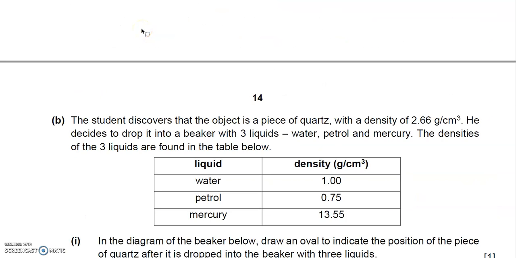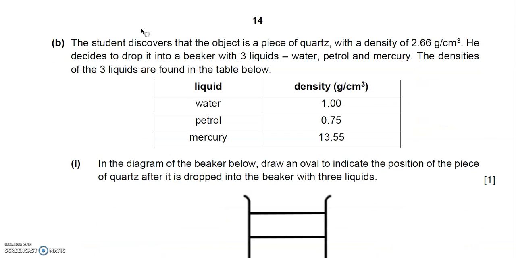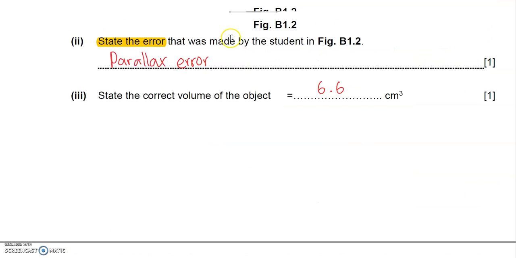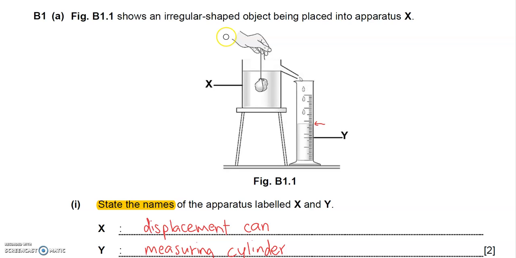Let's take a look at the next part. The student discovers that the object is a piece of quartz with the density of 2.66 gram per cm cube. Do take note that this is still a continuation of B1. So the object mentioned over here is actually the same object that has been seen ever since figure B1.1.